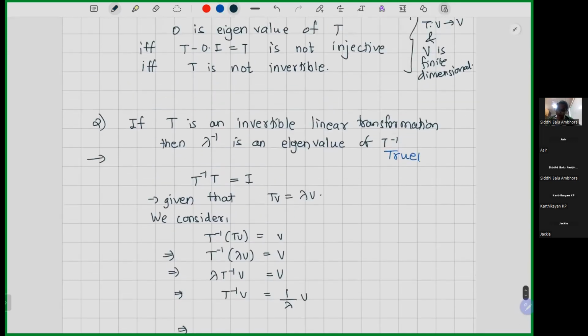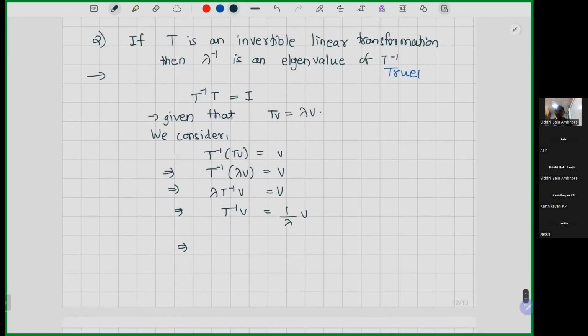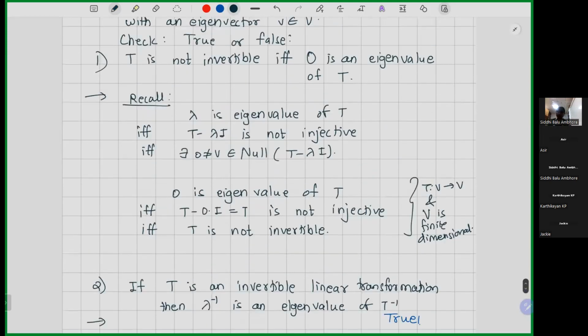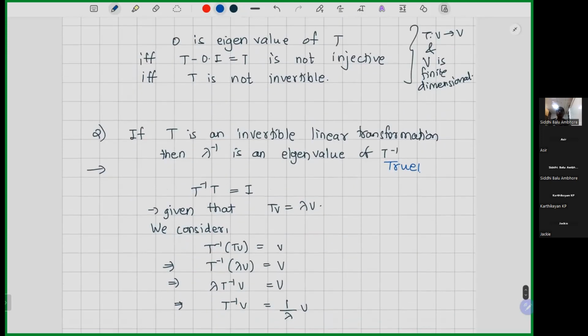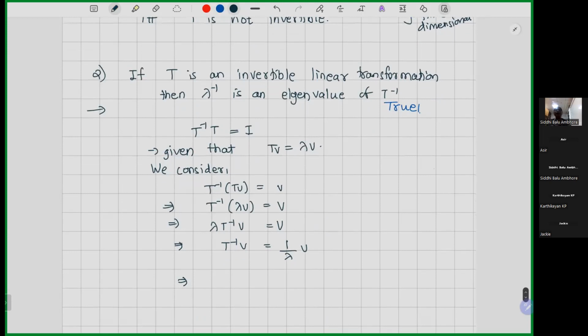Since T is an invertible linear transformation, note that lambda is non-zero by the previous statement. We have this, that T is not invertible if and only if 0 is an eigenvalue. So T is invertible, given, so lambda has to be non-zero, so I can take 1 by lambda.